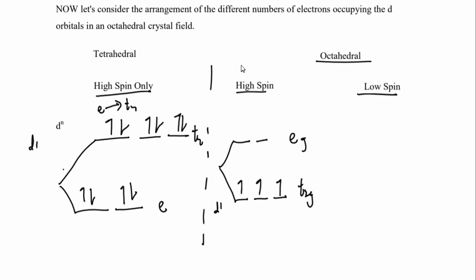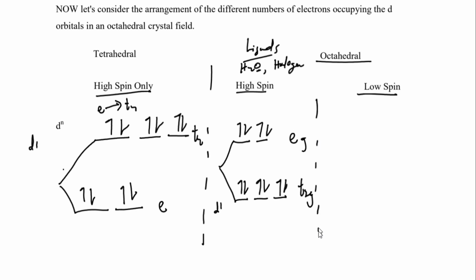This is high spin, where the ligand has an oxygen donor atom or halogens. Then d4, d5, d6, d7, d8, d9, and d10.